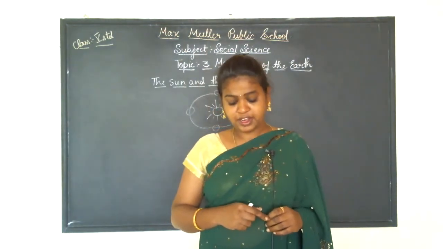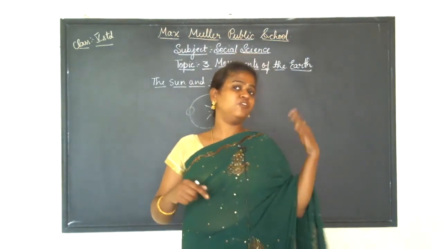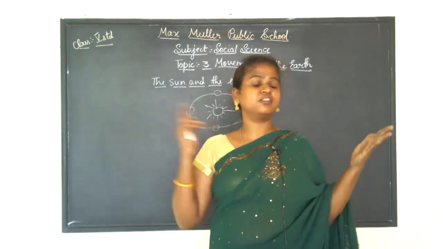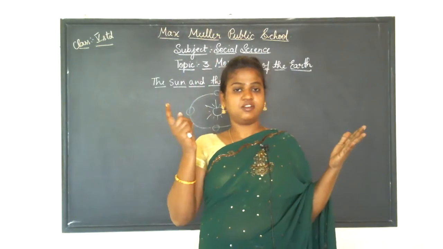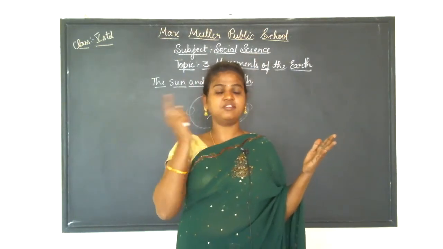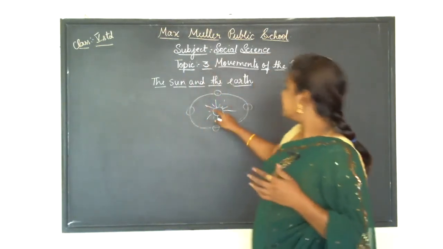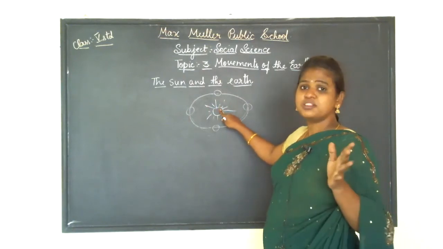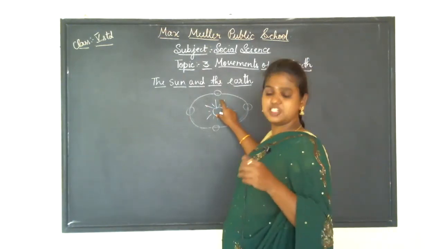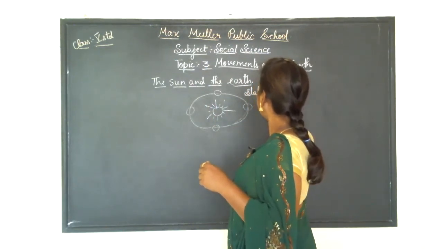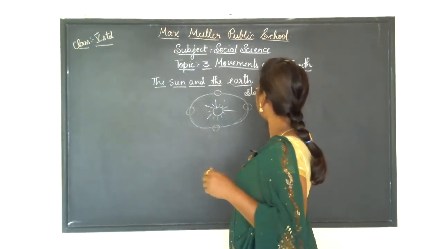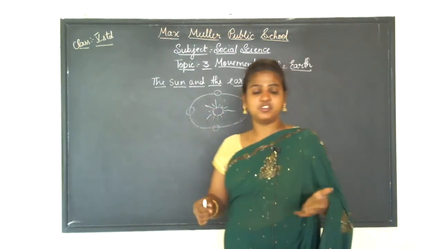So now you came to know that the earth is rotating around the sun, or it is moving around the sun. So what happens? Is the sun moving? No, the sun is not moving, because here the sun is stationary. What do you mean by stationary, children?